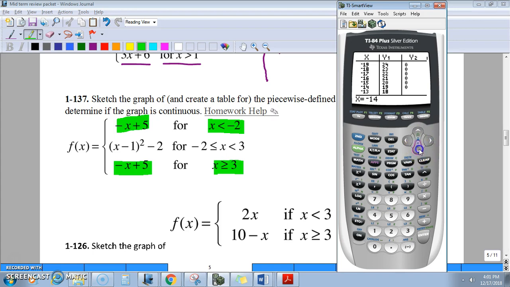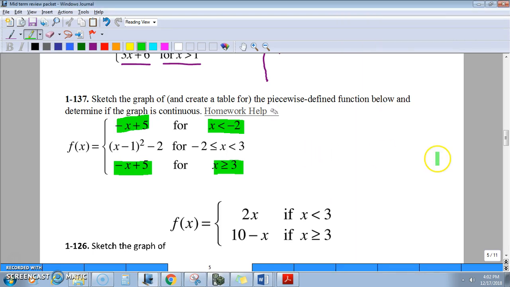The first table is going to be y1 all the way up to -2, right? Then the table goes to y2, and that should be just to 3, right? 2, 3, and then the table goes to y3, because remember I had to put that back in there. So 2, 1, there.